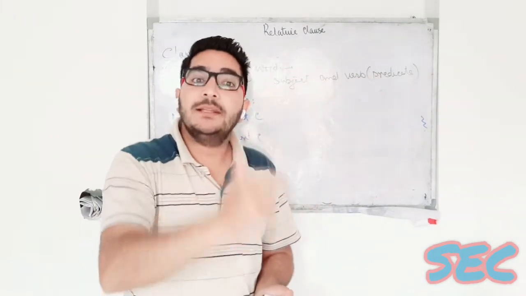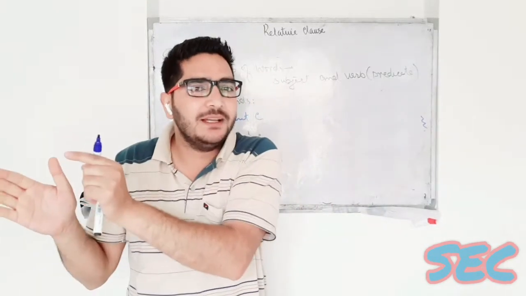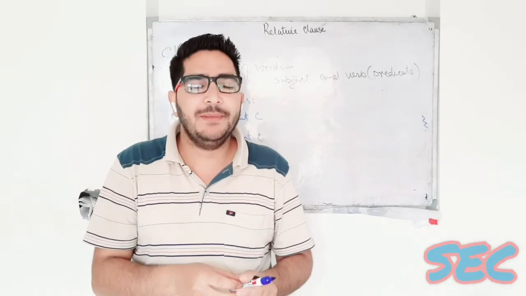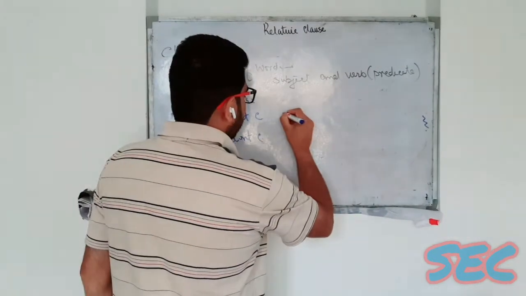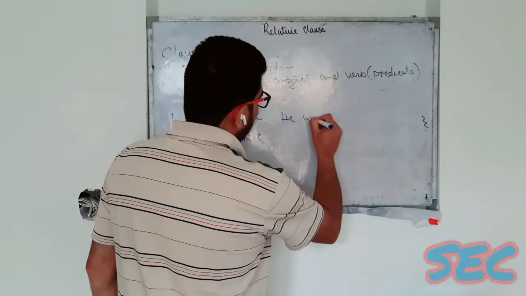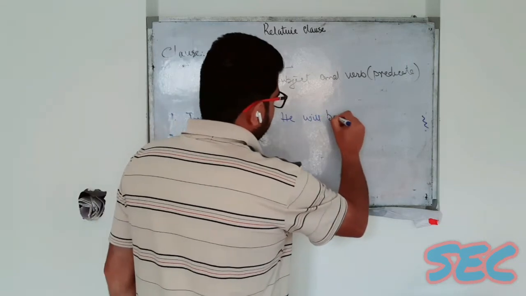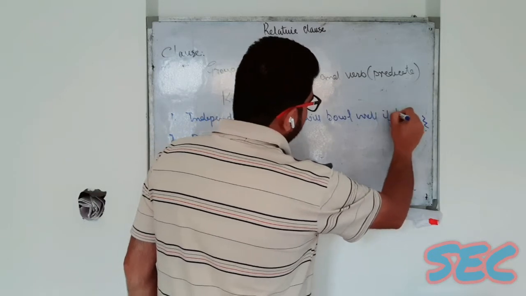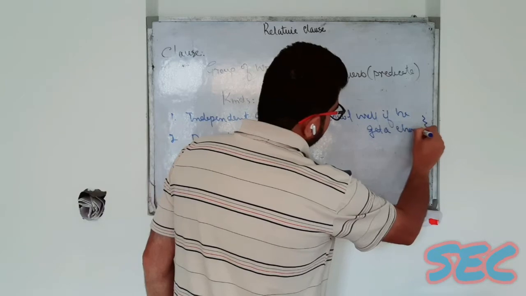But the question is, if we separate it from the sentence, it can make a sentence of its own. I'll give you an example. He will bowl well if he gets a chance.